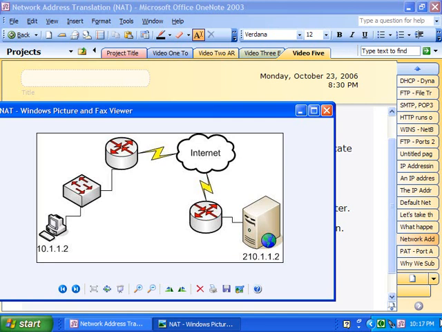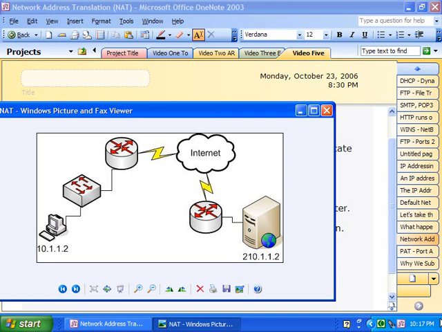Now, a router configured to use NAT is going to translate the private address of that host, the PC we see there at 10.1.1.2, to a routable address so it can communicate with a web server located at 210.1.1.2. Now, the great thing is that when the web server sends files back destined for that translated address, the router will get them and then translate that address back to 10.1.1.2 and route them normally.